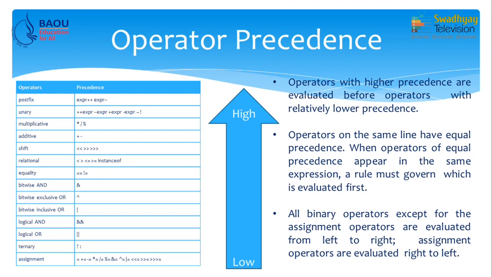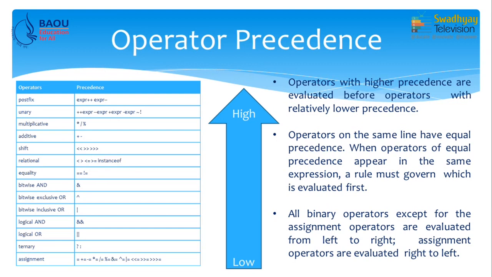On screen you can see the operator on top has a higher precedence, that means postfix operators have higher precedence than unary, and unary operators have higher precedence than multiplicative, and multiplicative operators have higher precedence than additive, and likewise as you go from top to bottom the precedence gets lower.